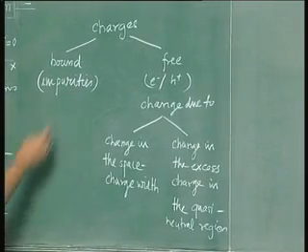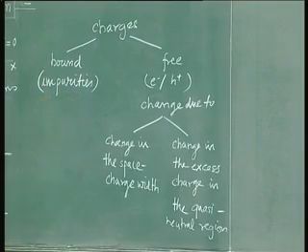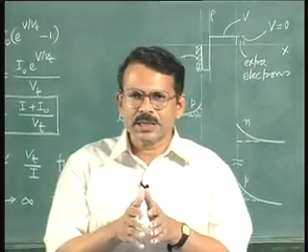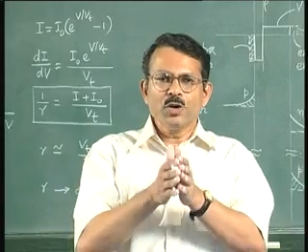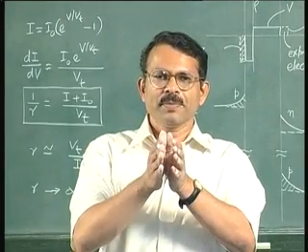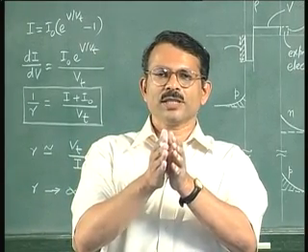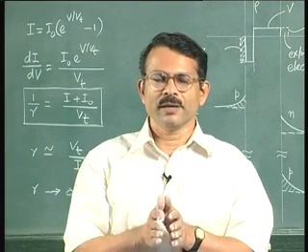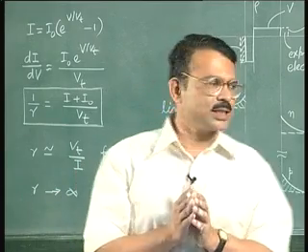So we need not take the effect of these into account, because we are defining the capacitance as dq by dV. So change in the charge is what is of interest to us because of dV, not the absolute magnitude of charges.